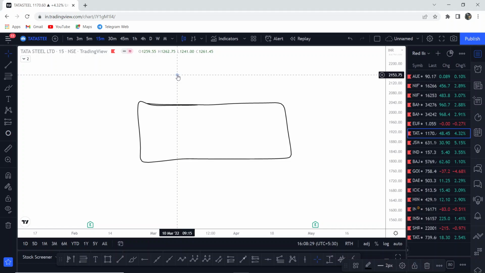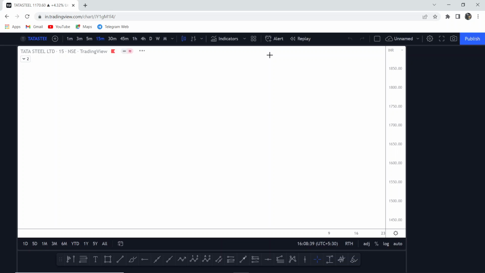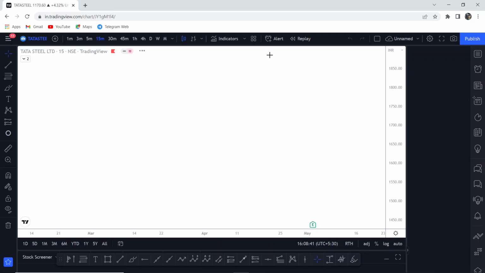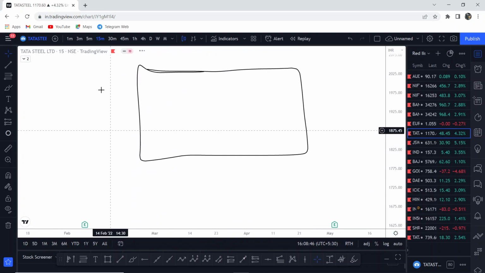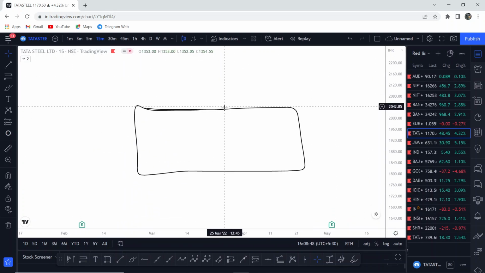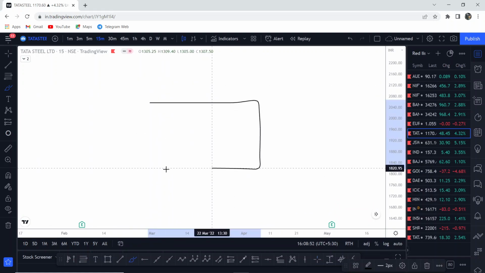One second, I'll have to reload this. Yes, so this is going to be an area of demand.